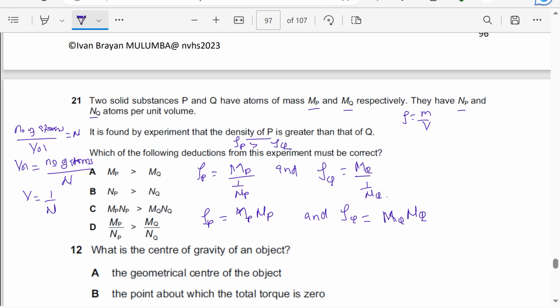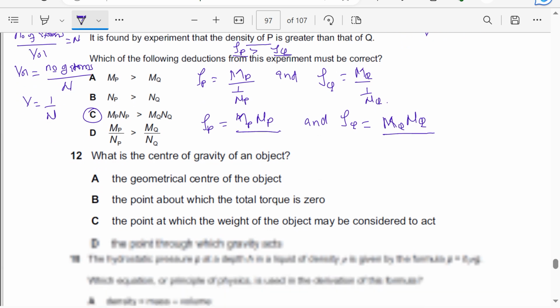But they said the density of P is greater than the density of Q, so the answer is going to be C. MPNP is greater than MQNQ, so the answer is C.